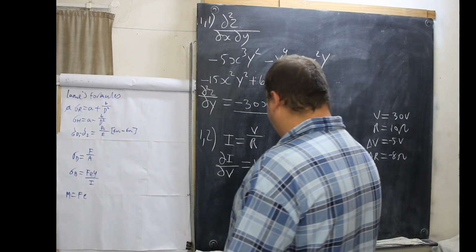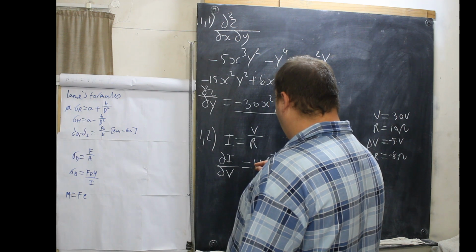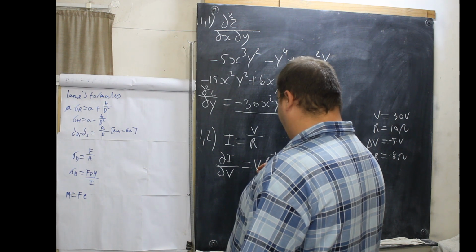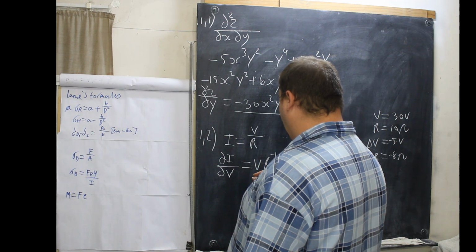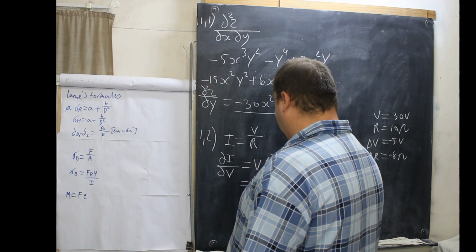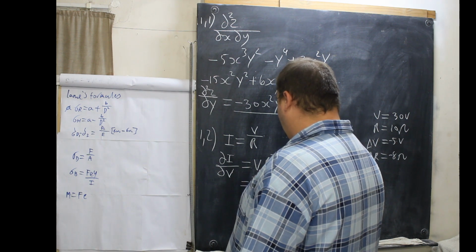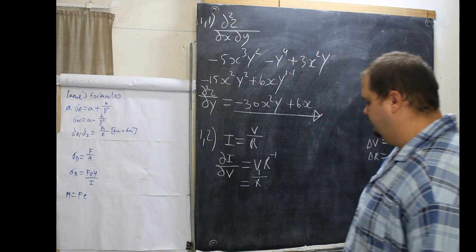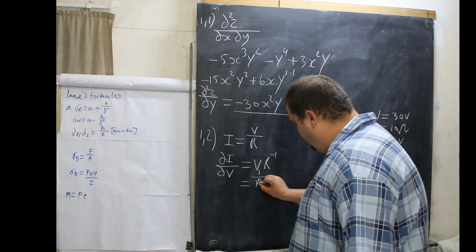So V stands by itself, so 1 times 1 is 1, and 1 minus 1 is 0. So V is equal to 1. So this equals 1 over R.